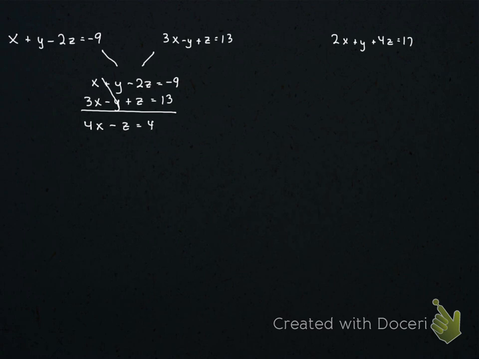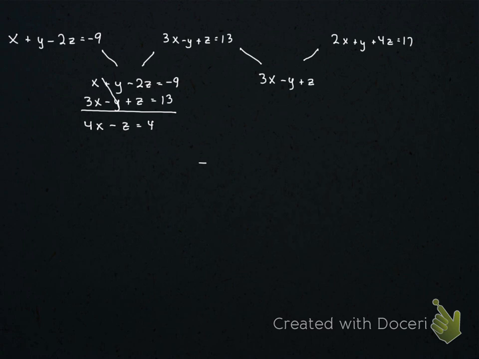Okay, we add straight down: x plus 3x to get 4x, negative 2z plus 1z is negative z, and 13 minus 9 is 4. Now we'll do the same thing here with the second two equations, and because we eliminated y in the first set, we're going to eliminate y in this set as well.